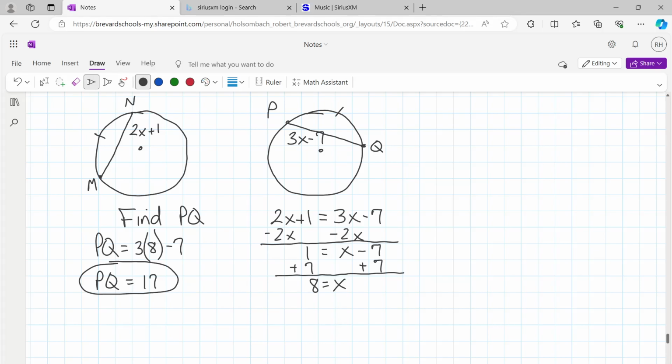Any questions there? If two circles are congruent and two arcs are the same length, then their corresponding chords are the same length.